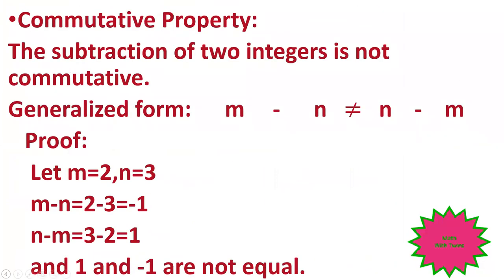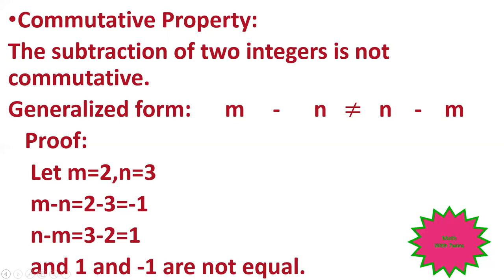Commutative property. It tells us that the subtraction of two integers is not commutative. Let's go to the generalized form, which is m minus n, that is, difference of m and n, is not equal to difference of n and m. That is, the position change will not result in the same answer.